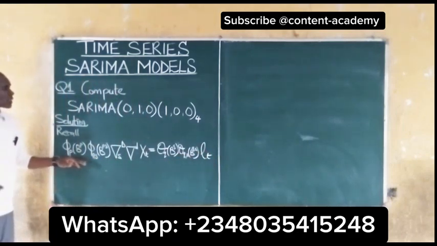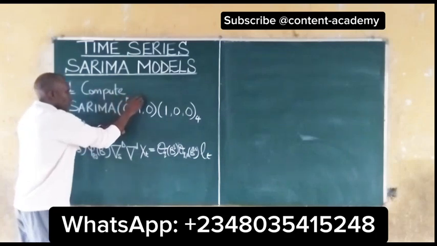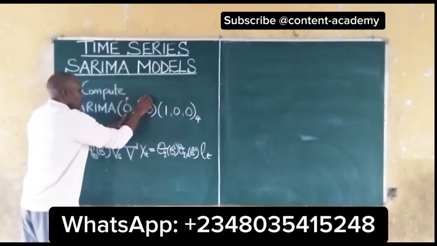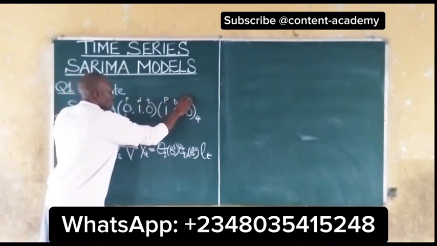This is the model. Now, our autoregressive part is p, this is p, d, q, and the seasonal part P, D, Q.